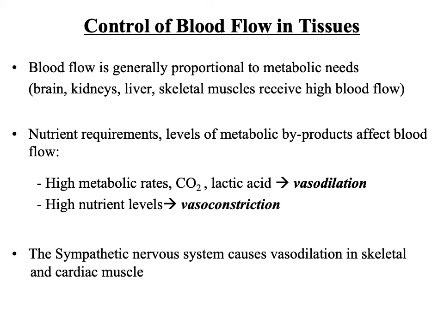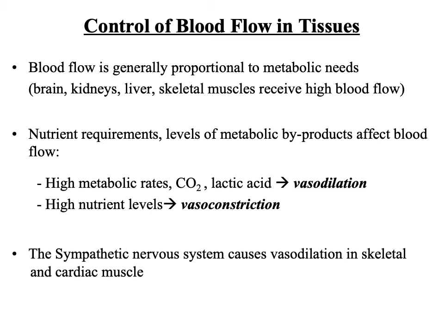In parentheses there, you'll see some highly metabolic areas: the brain, kidneys, liver, skeletal muscles. Not that our other body parts don't need energy, but these areas use proportionately more energy compared to others.